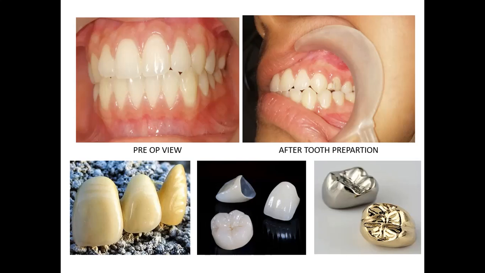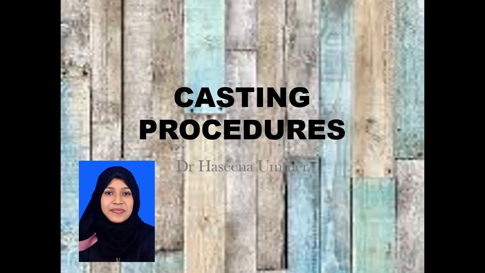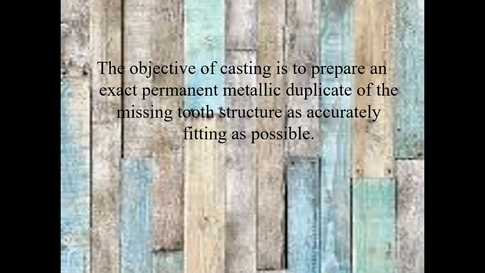CAD/CAM is a different procedure which is performed for the making of such kinds of prostheses, and casting is one kind of procedure. So we are going to talk about casting procedures. How is this prosthesis made by the process of casting? So today's topic is casting procedures.